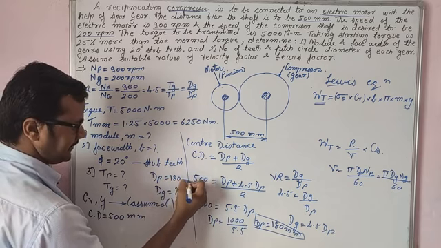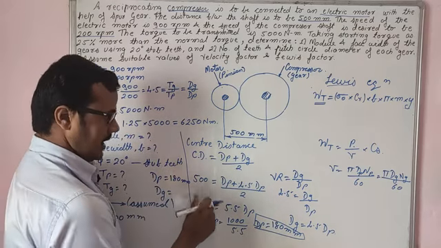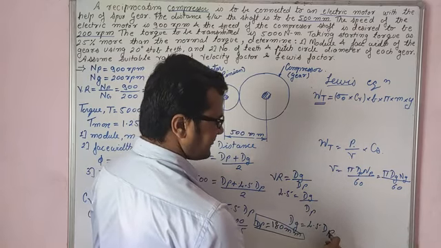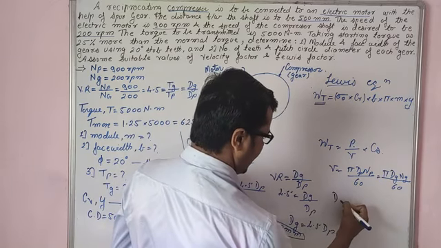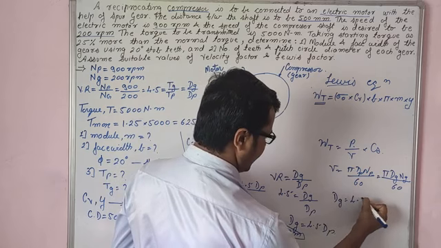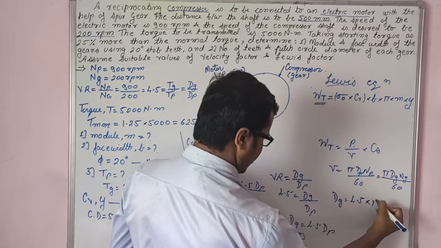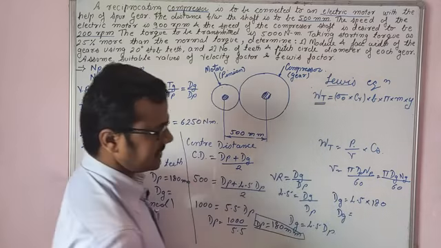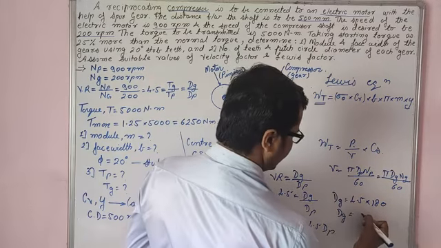Now we know that the pitch circle diameter of the gear is 4.5 times the pitch circle diameter of the pinion. So the diameter of the gear will be equal to 180 into 4.5, which gives me the value of 820 mm.